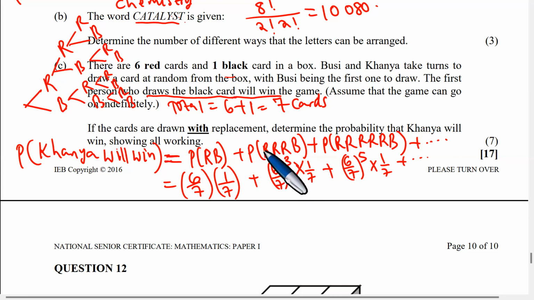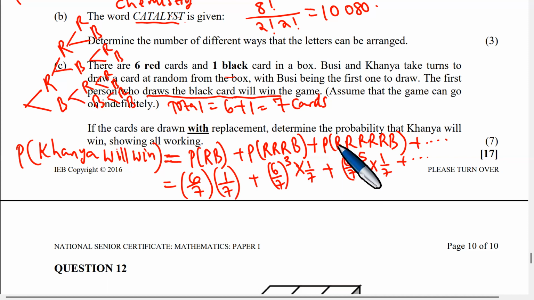Let's look at another case. Boosie starts and picks red. Kanye picks red. Boosie picks red. Then Kanye picks black, and Kanye is going to win.